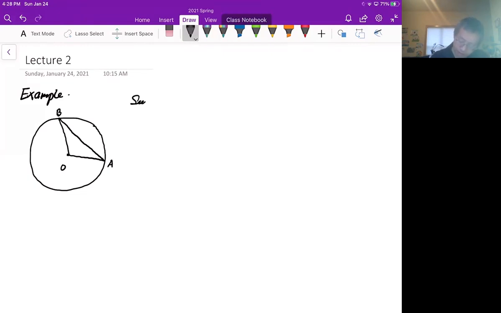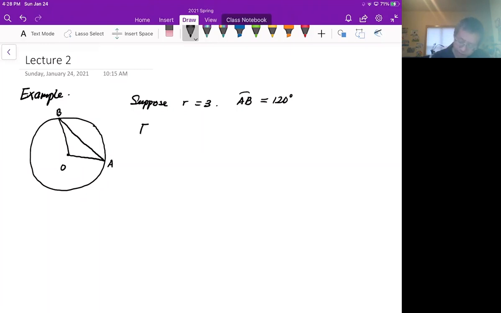Suppose the radius R is equal to 3, and I'm assuming that the measure of the angle is 120 degrees. Okay, you know that. So 120 just means it's a central angle, right? So it's the measure of the arc.